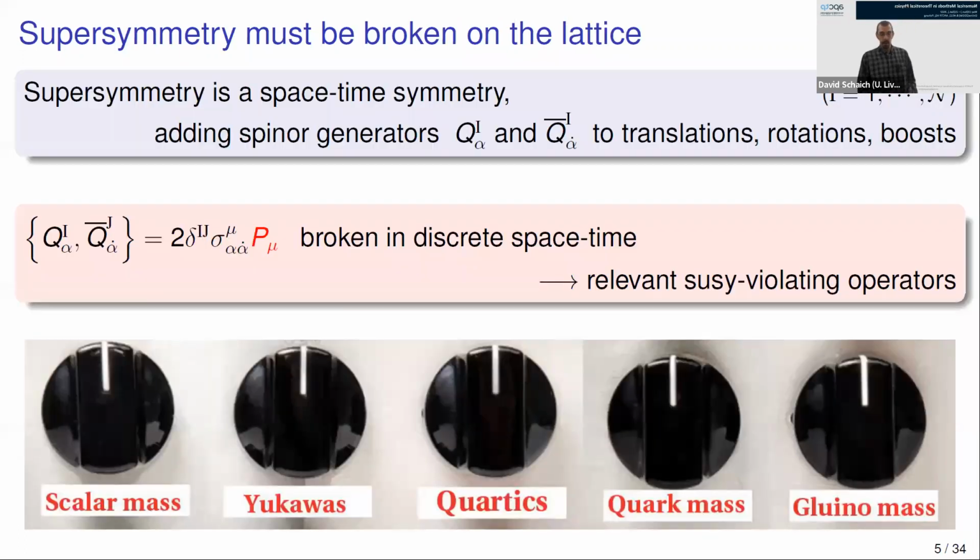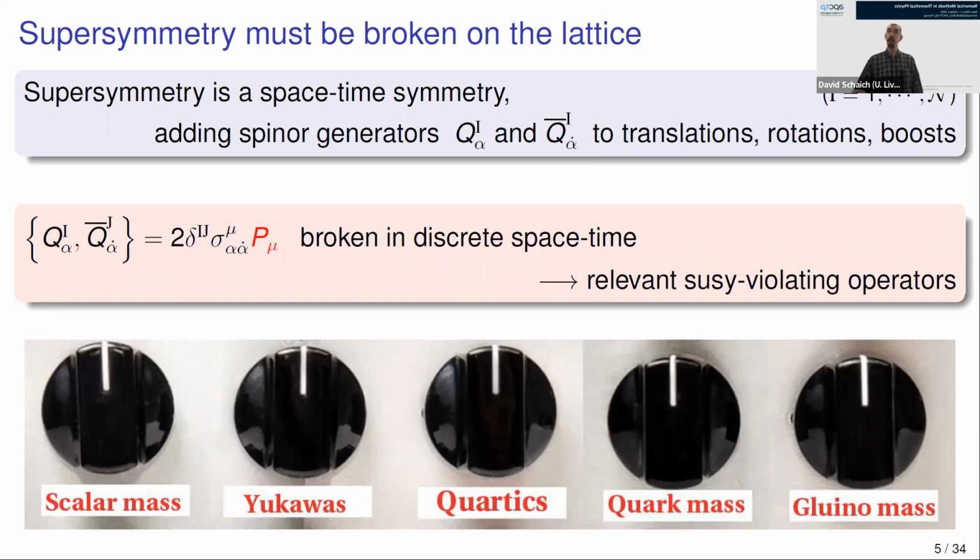Now that's all well and good, but there is an additional difficulty specifically related to supersymmetric field theories when we try to analyze them in discrete space-time, which is connected to the fact, that may not be familiar to you, that supersymmetry is a space-time symmetry.